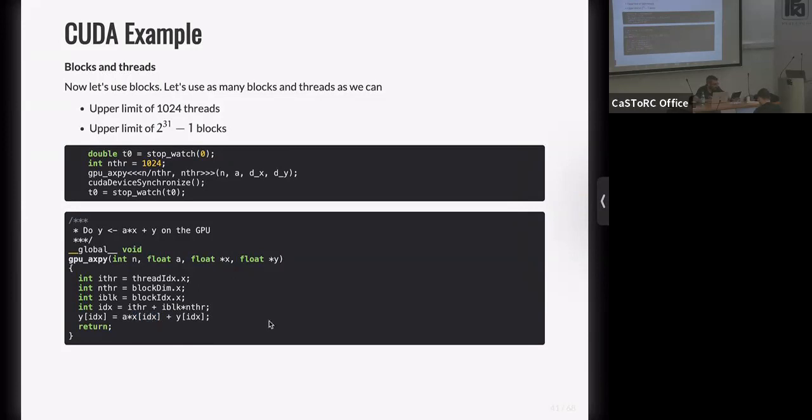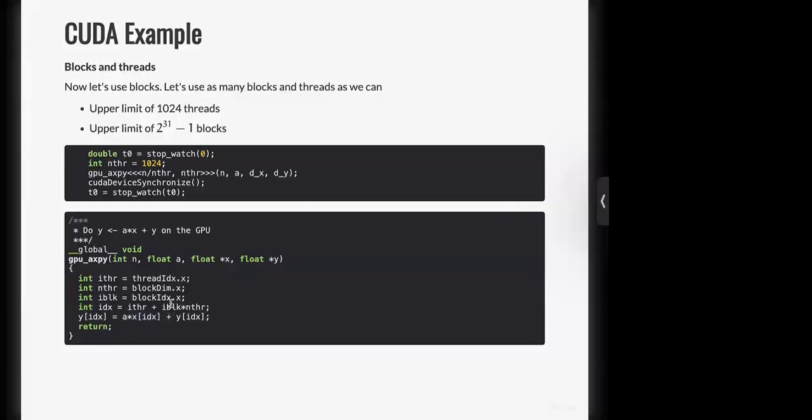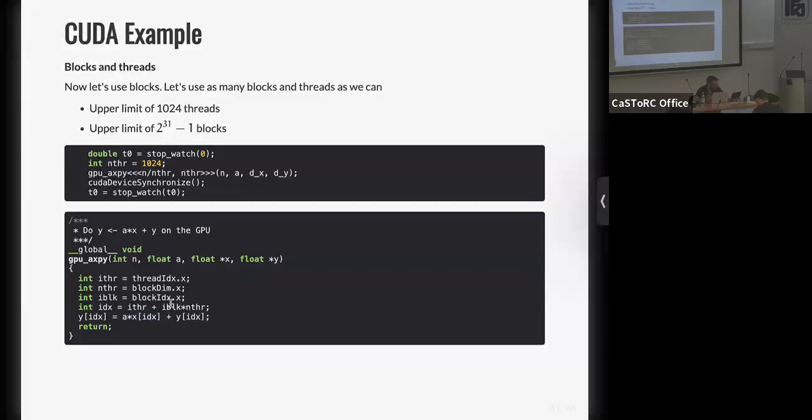That would mean more than one thread needs to access the same location in memory, which is fine. You can do that. You can just write idx minus 1 here. Or we should use shared memory, which we will learn about in the next example.